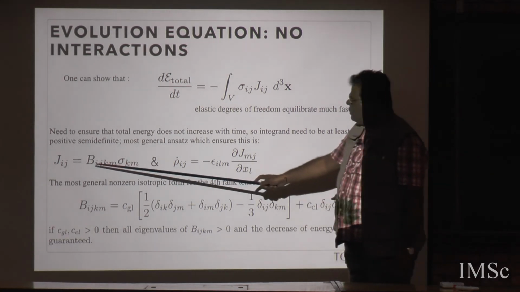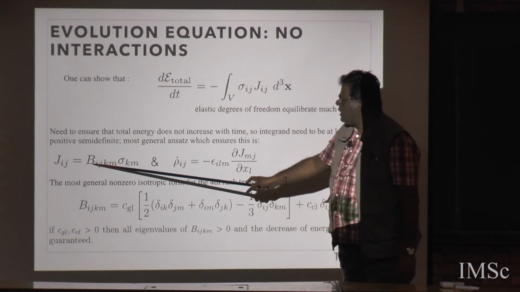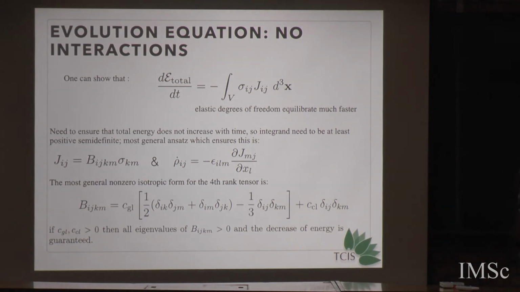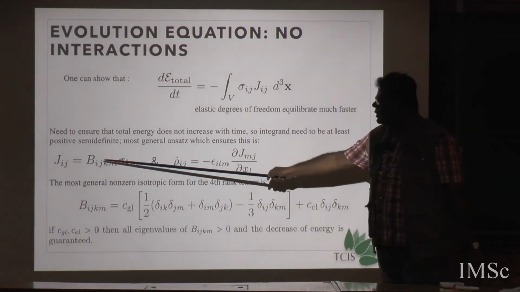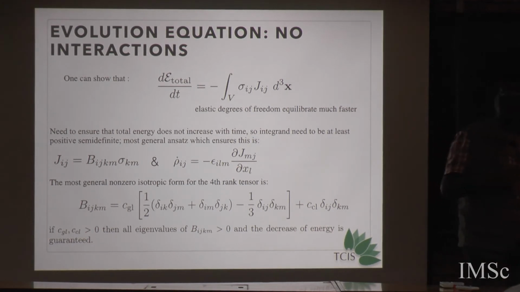The only thing is that you have to know this quantity, and for this quantity one can simply take the most general isotropic fourth order tensor. Isotropic nth order tensors can be written in terms of Kronecker deltas, and they will have some parameters, and these are listed in a book.